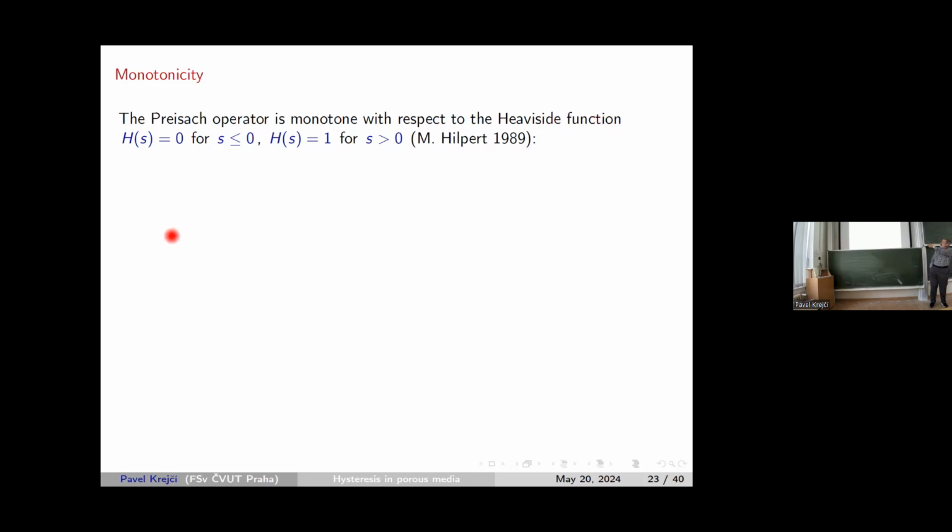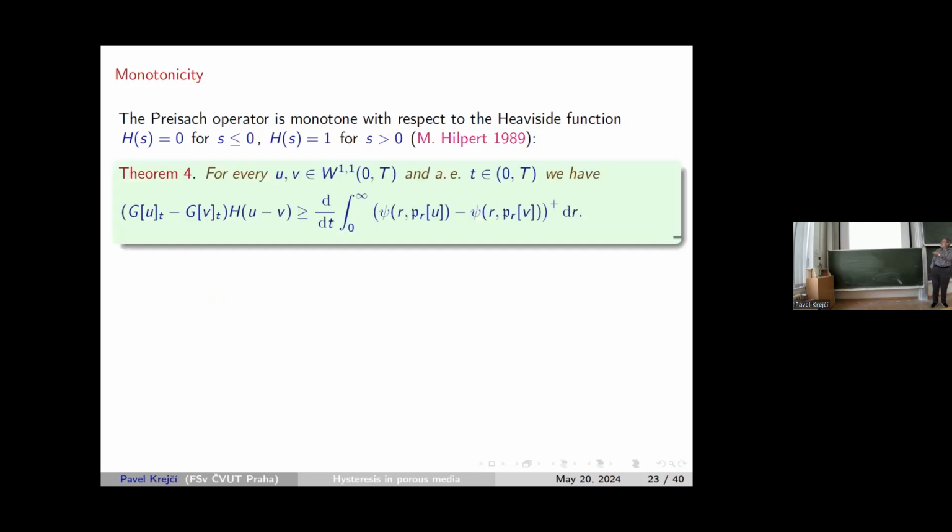It is a function which is 0 for s less than or equal to 0, and equal to 1 for s bigger than 0. And this was an observation made by Martin Brokate in 1989. And this is something that is used systematically in the theory of PDEs with hysteresis.